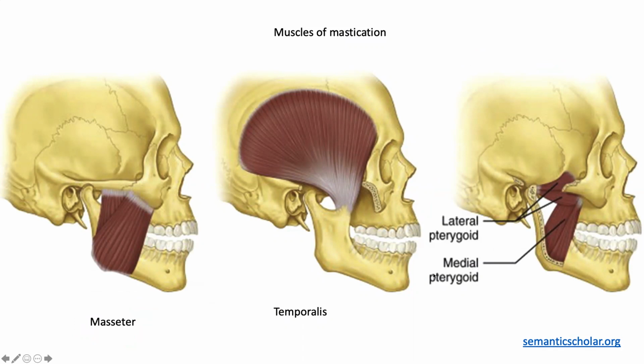These four muscles in combination will move the jaw right and left. They will protrude the jaw, retract the jaw, and depress the jaw. By doing so, all these synchronized actions will help with the chewing process.